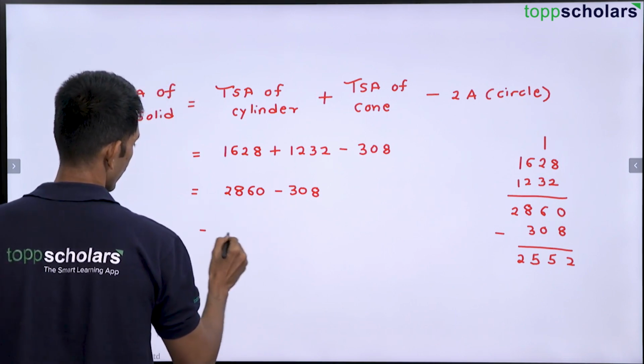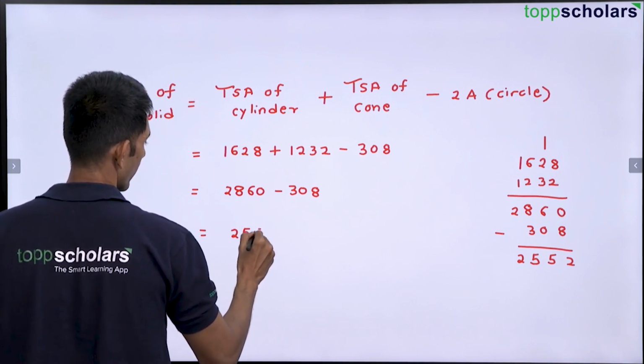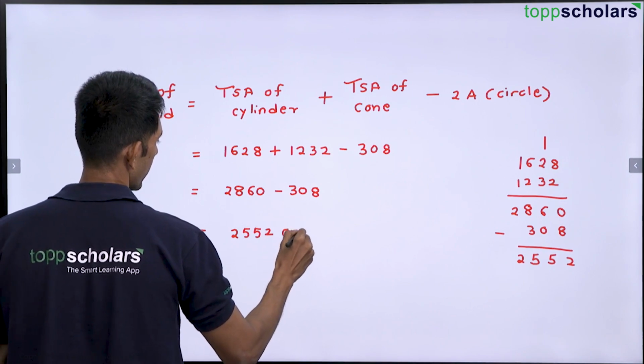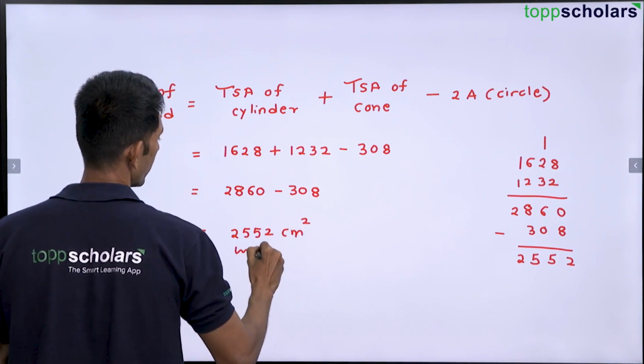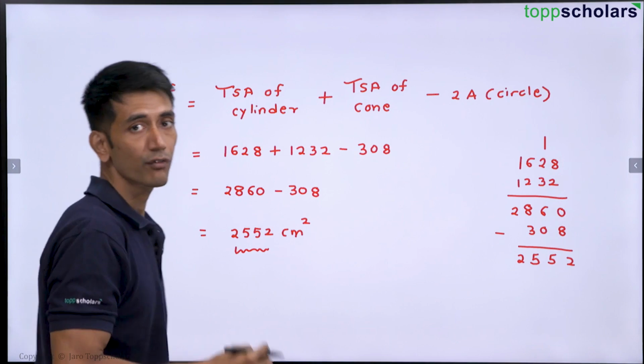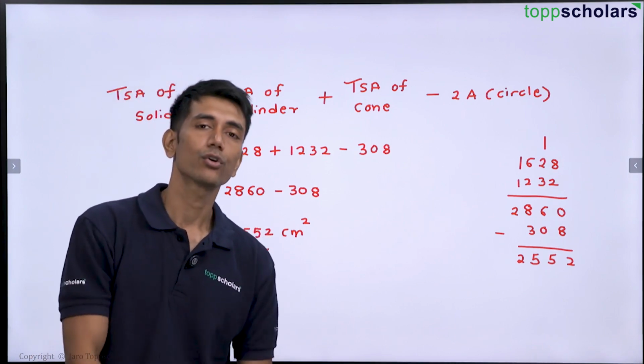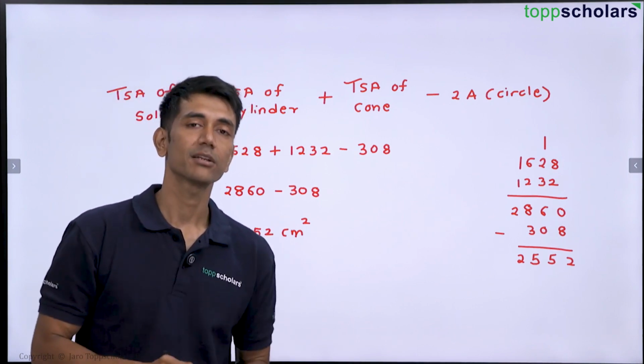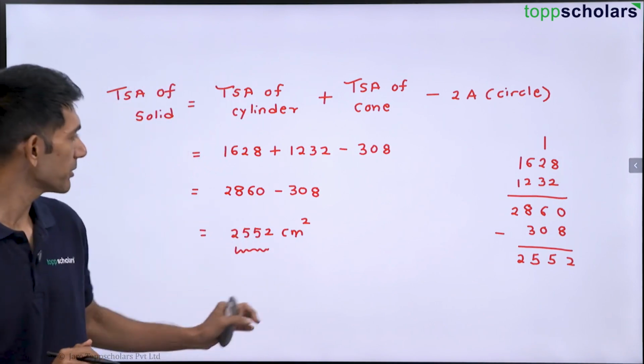So that gives you 2552 centimeters square, which is nothing but the total surface area of the remaining solid. So finally we got the total surface area of the remaining solid, and that is nothing but 2552 centimeters square.